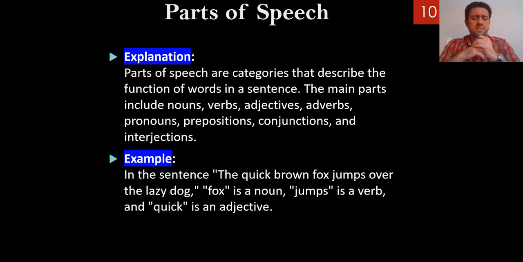As an example, in the sentence "the quick brown fox jumps over the lazy dog," fox is a noun, so the part of speech for fox is noun. Jumps is a verb, so the part of speech for jumps is verb. Or quick is a kind of adjective. So when we are asked to say or elaborate parts of speech, we need to say if that word is a noun, verb, adjective, adverb, and so on.